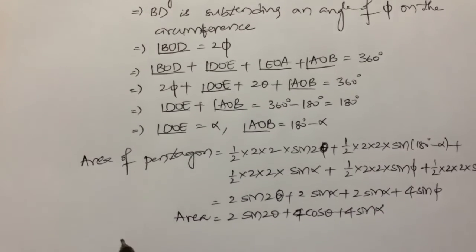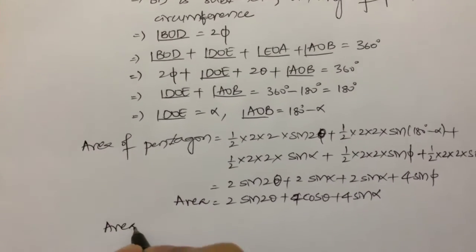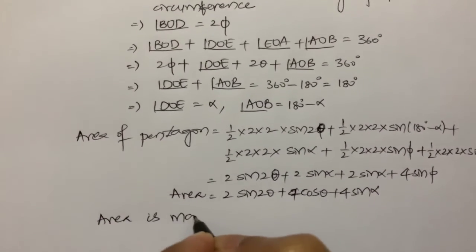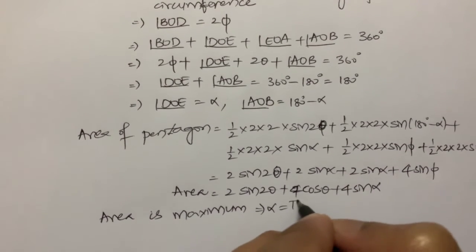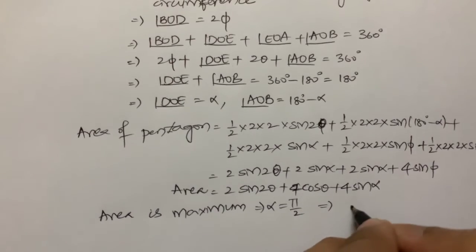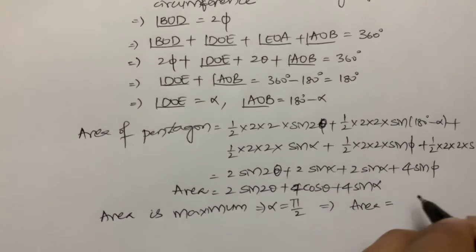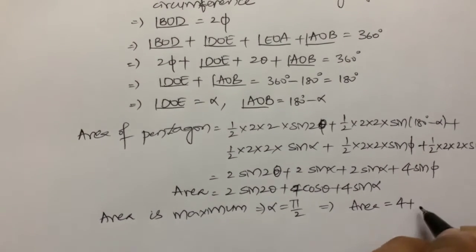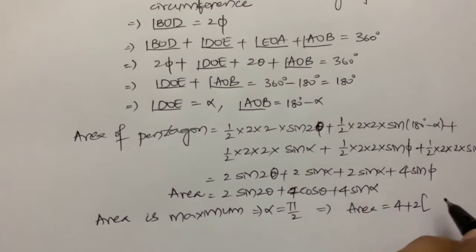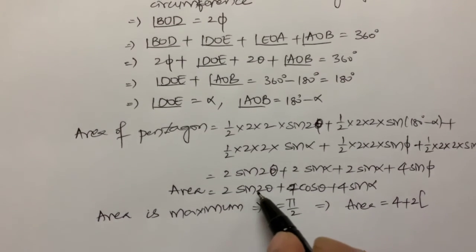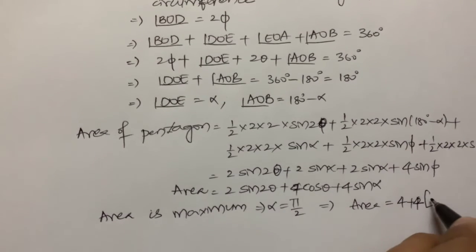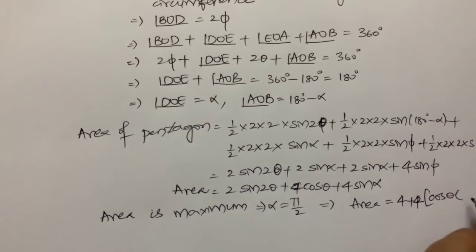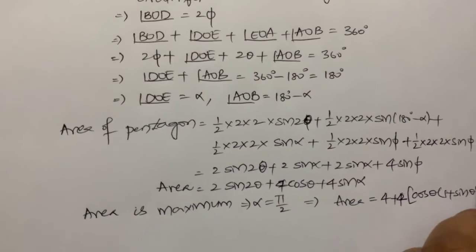So if area is maximum, it implies alpha equal to pi by 2. So the area is equal to 4 plus, writing sin 2 theta as 2 sin theta cos theta, we get 4 cos theta into 1 plus sin theta.